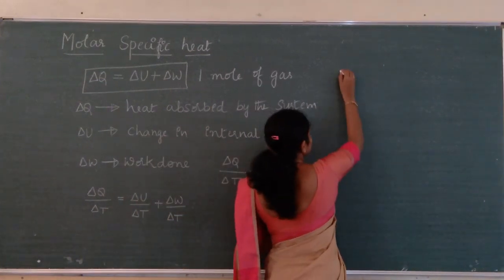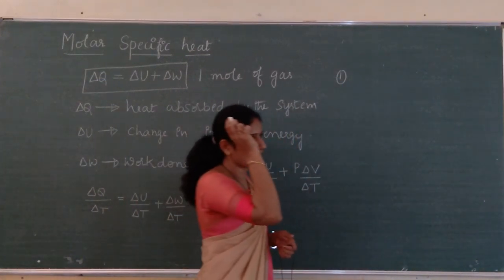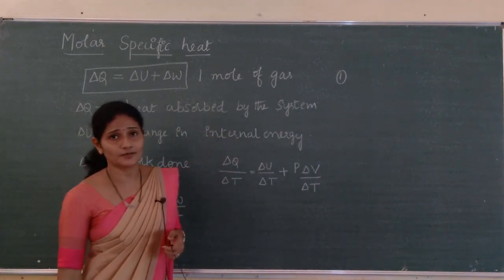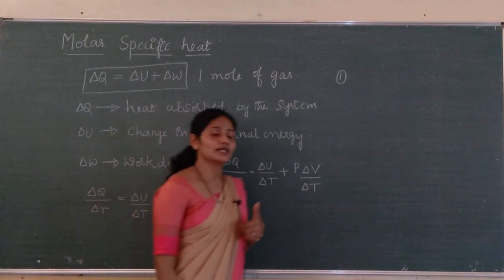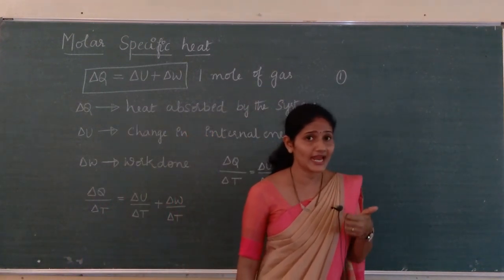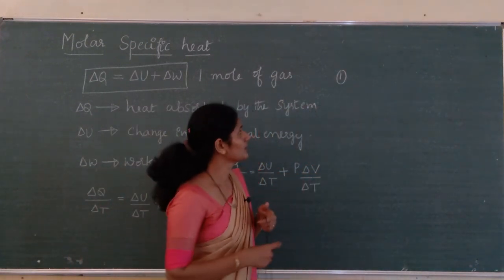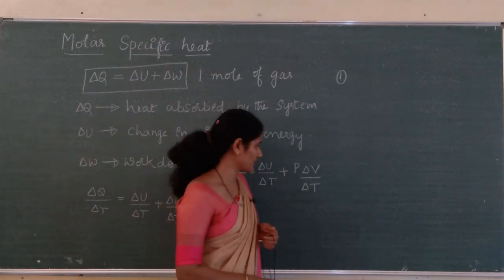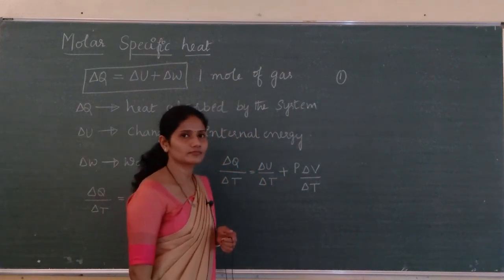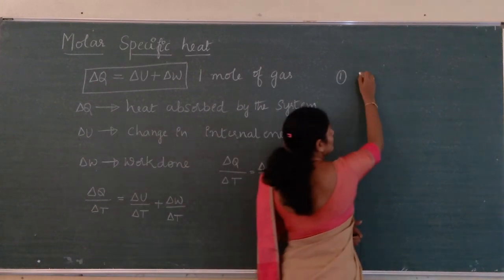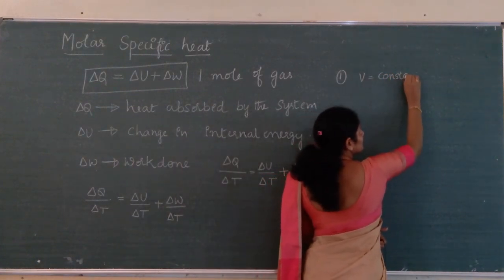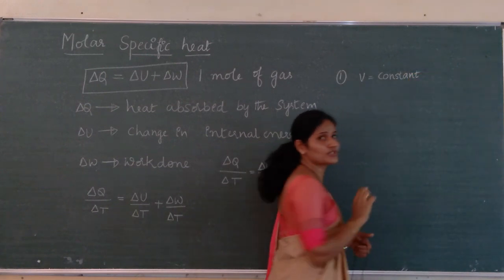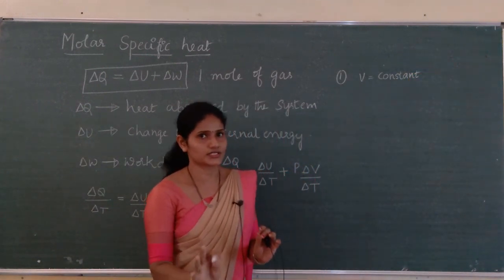Now, consider a process where the volume of the system is fixed. That is, we are talking about the molar specific heat capacity at constant volume. If the volume of the system is fixed, then V is constant. The volume of the system remains constant.